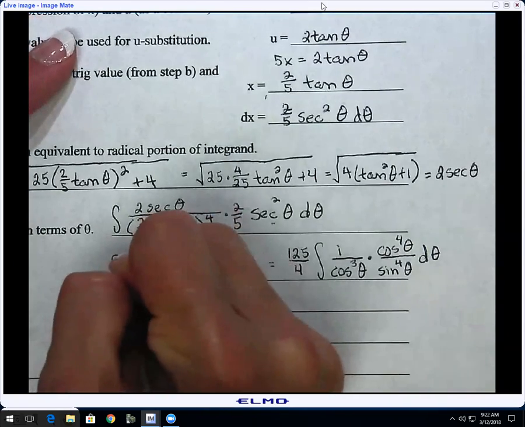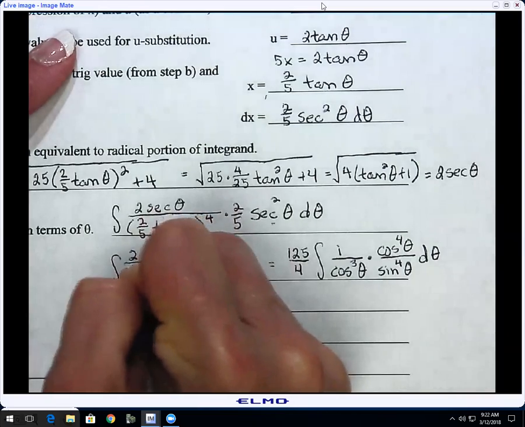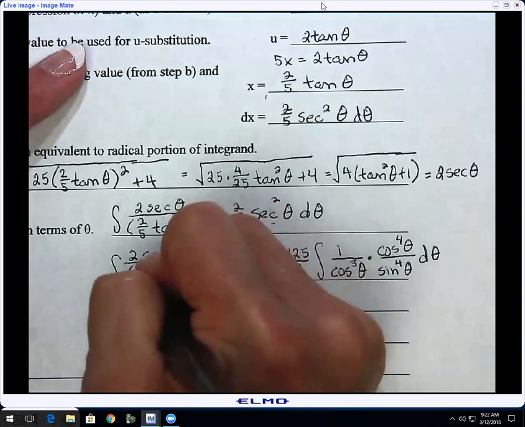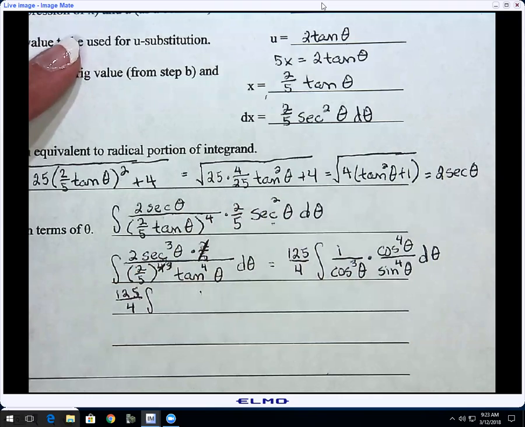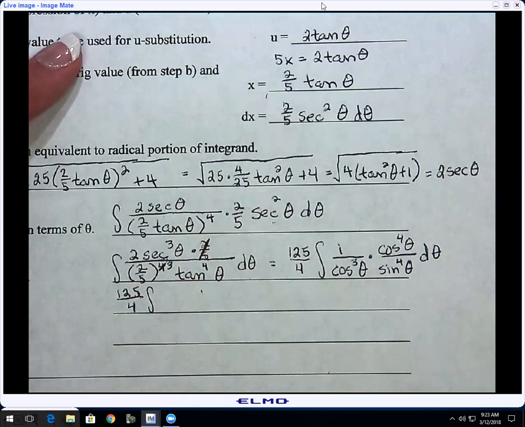And that's 125 over 4 times the indefinite integral of, what does that clean up to? 2 secant theta over sine. All right.